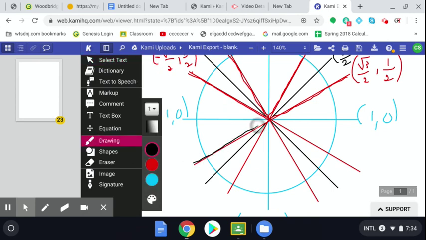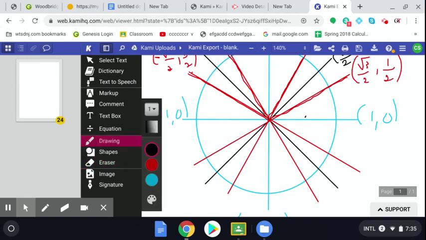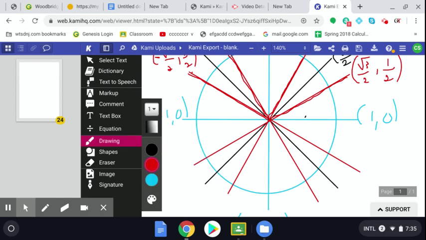This angle here, the values for sine and cosine, remember, similar triangles are going to be the same. So I want red. This one and this one have the same sine and cosine values.